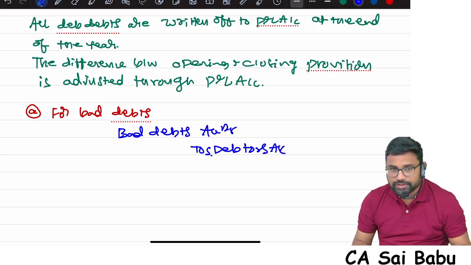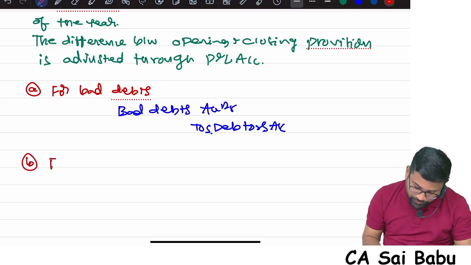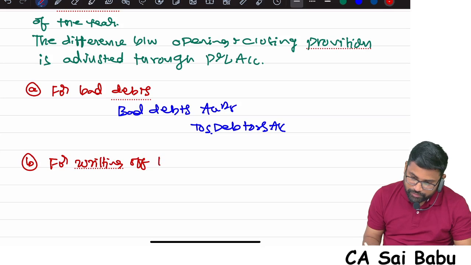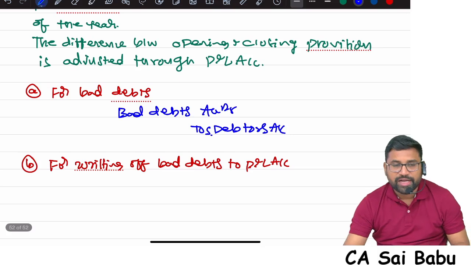Next, for writing off bad debts to P&L account, bad debts we are writing off to P&L account, sir.